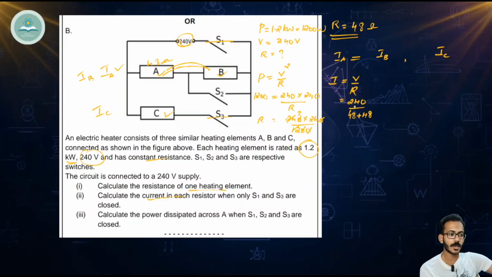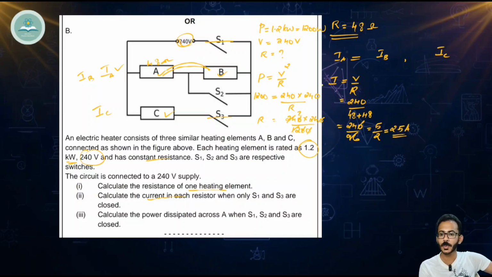Actually it is 240 divided by 96. When we make it short, we'll get 5 by 2, which is equal to 2.5 ampere.